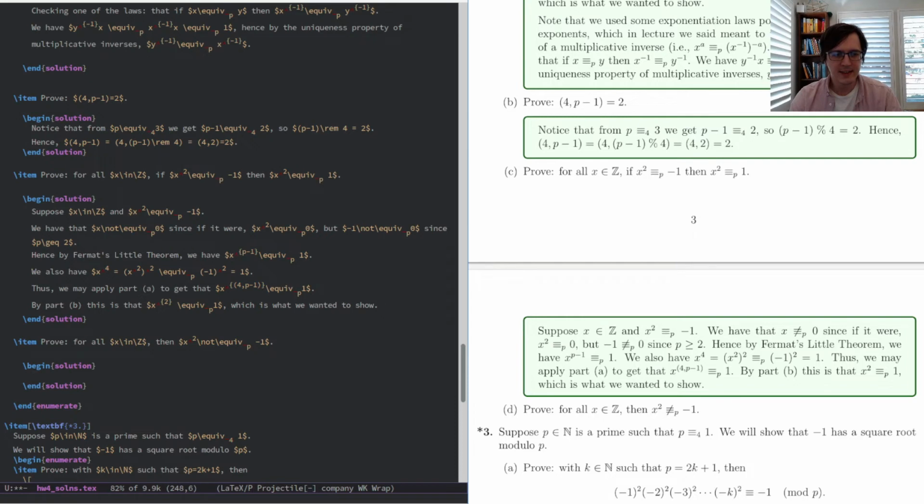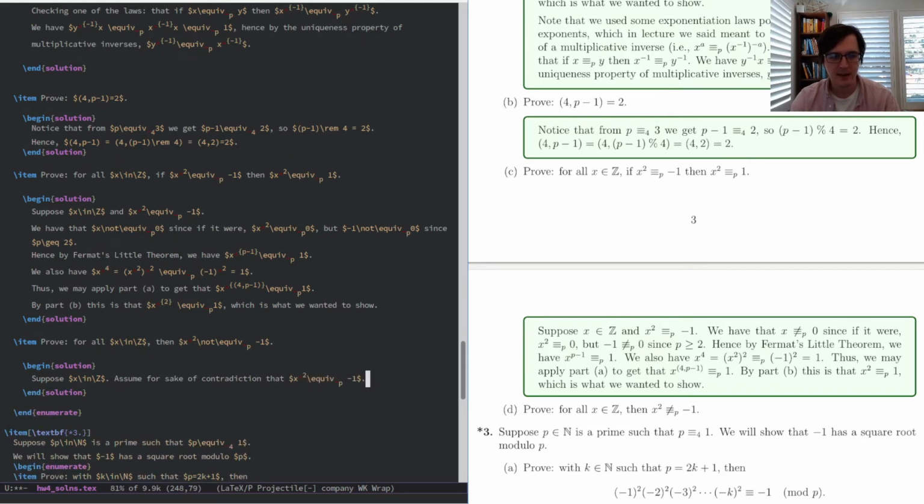So the last thing is we want to show that if we have an x, when we square it, it's not minus 1. This is what it means for there to not be a square root. This thing has no solutions. So suppose x is in Z. Assume, for sake of contradiction, that x squared is equivalent mod p to minus 1.